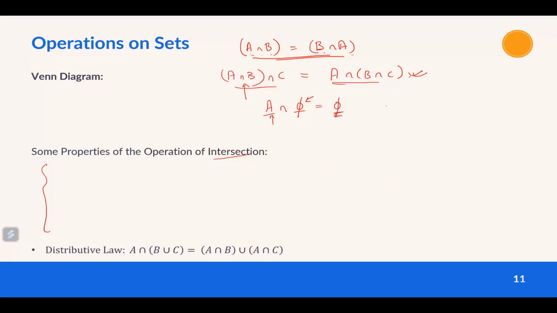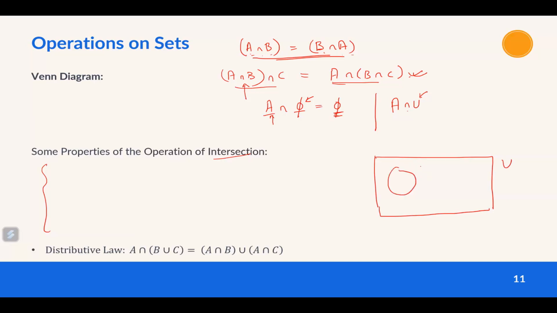Moreover, if you do an intersection of the set A and the universal set U, see, the universal set U contains the set A, because the universal set, which we represent in the Venn diagram using a rectangle, contains all possible sets with respect to this context.